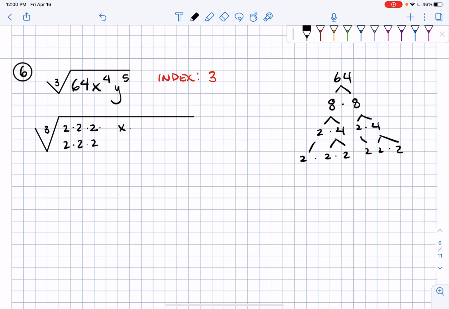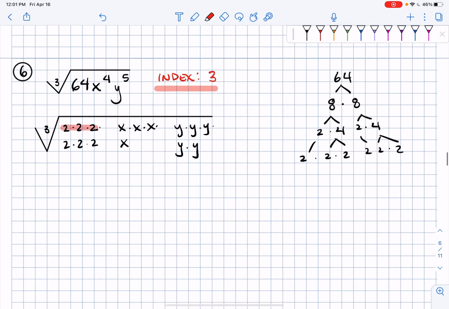And then I got x times x times x times x, and y times y times y times y times y. And there we go. All right. So again, the index is a 3. So that means I'm looking for 3 of a kind. So there's a 3 of a kind, there's a 3 of a kind, there's a 3 of a kind, and there's a 3 of a kind. So all of those need to come out.